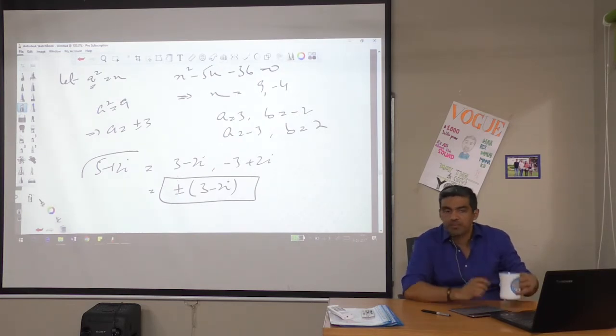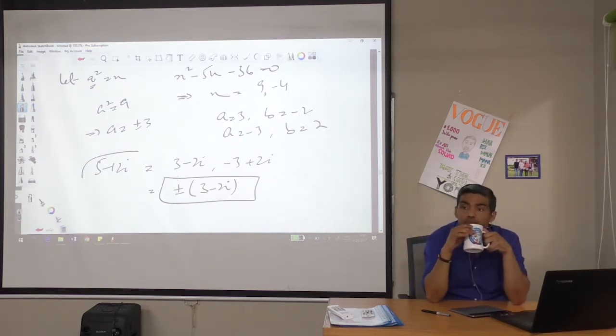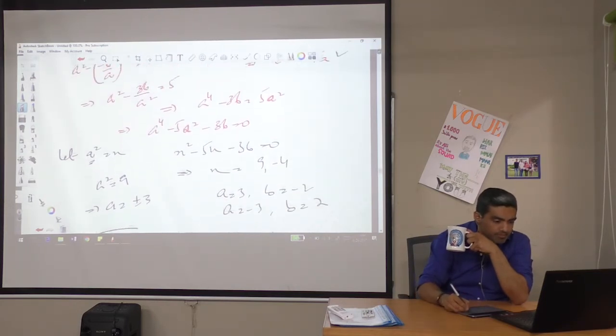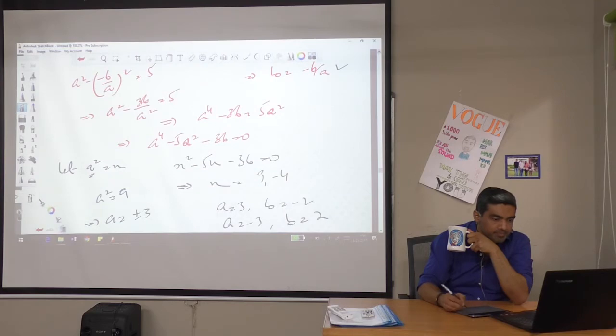You can use square roots. So could you scroll up a bit?